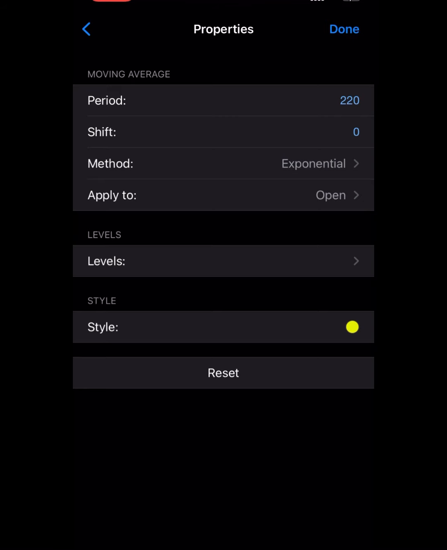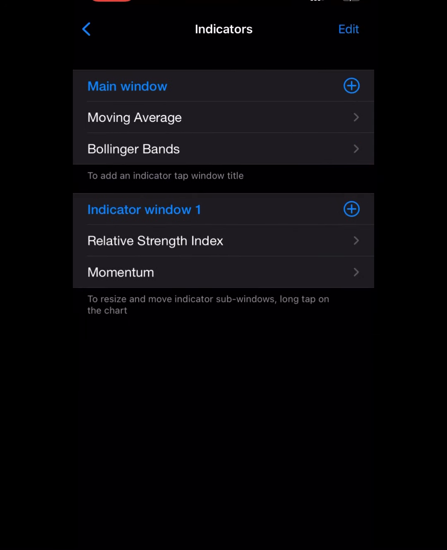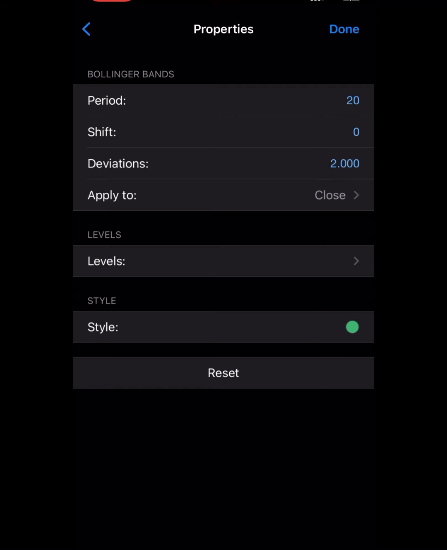All right, 220 period, shift zero, method exponential, apply to open. Your style, you put whatever color you desire, just make sure your style is different from the background. Okay, the Bollinger Band, you have period to be 20, shift to be 0, deviation to be 2.000. Don't make the mistake. Okay, apply to close and put any color that you desire.